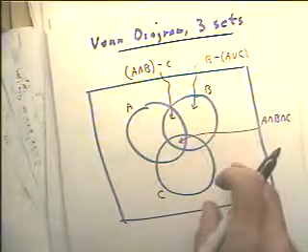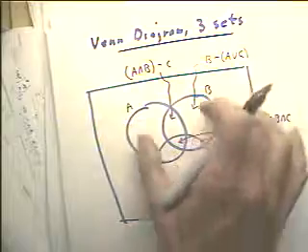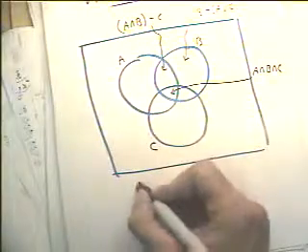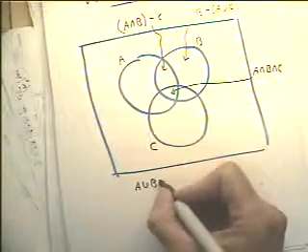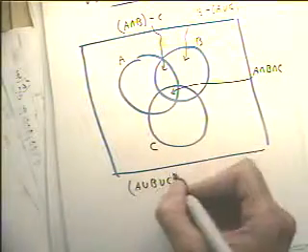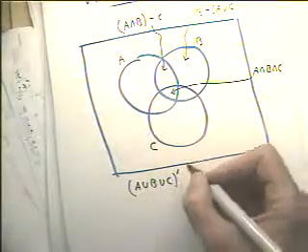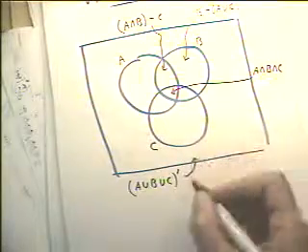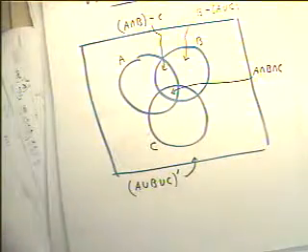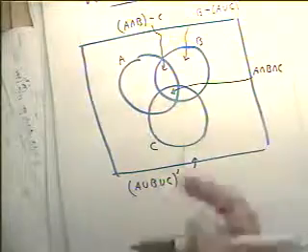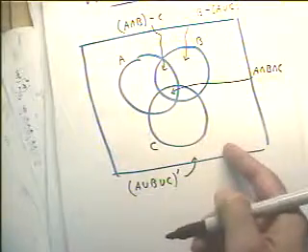Well, this is the region that's outside of what we get when we lump all three sets together. That's going to be the complement. Okay, if we lump the three sets together, that's called A union B union C. And then we put the prime on it to indicate the complement. So that's the complement of A union B union C.